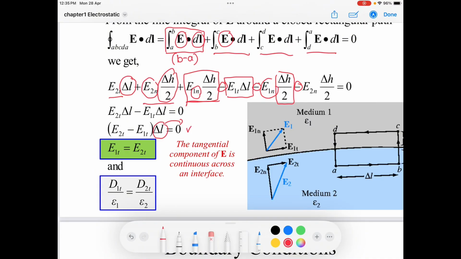If you bring the E2T to the other side, you will have this equation. This equation tells you that the tangential component in medium 1 must be the same as the tangential component in medium 2.